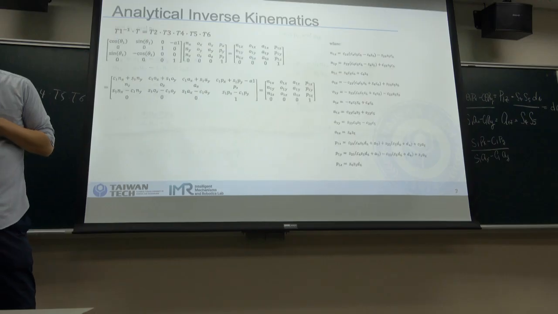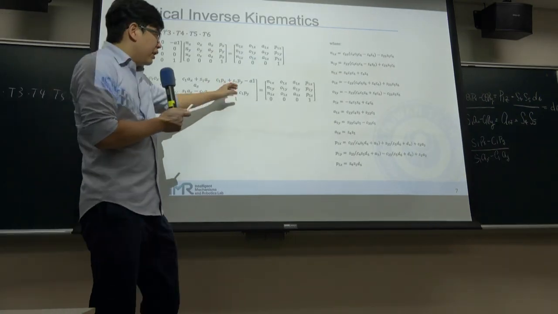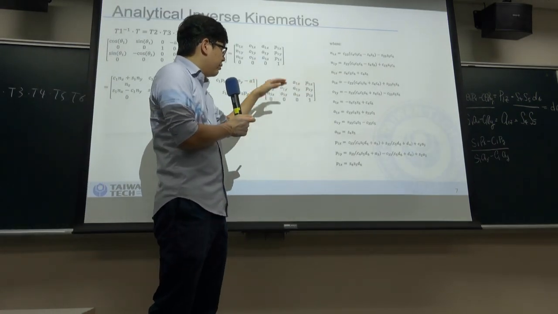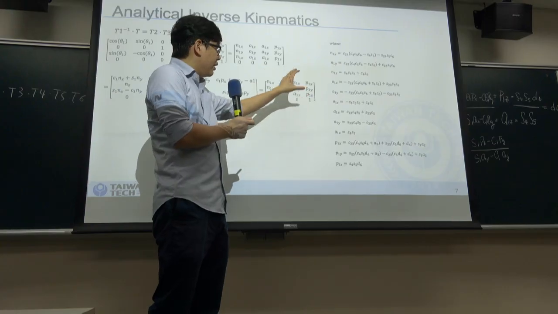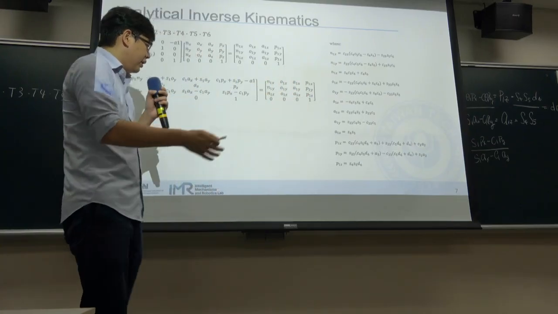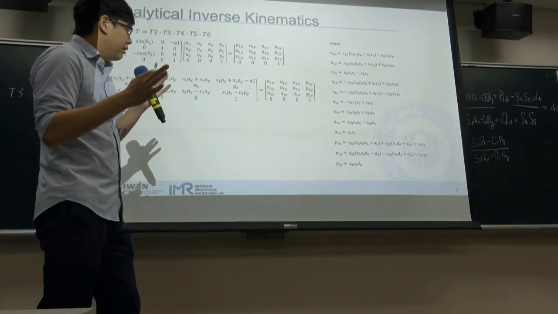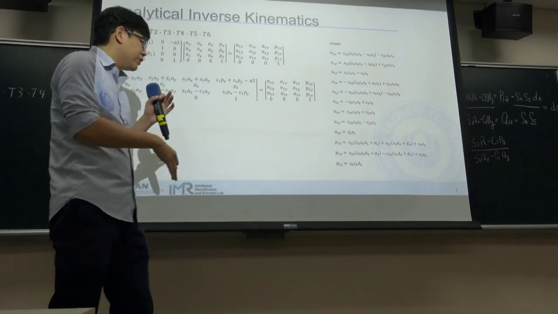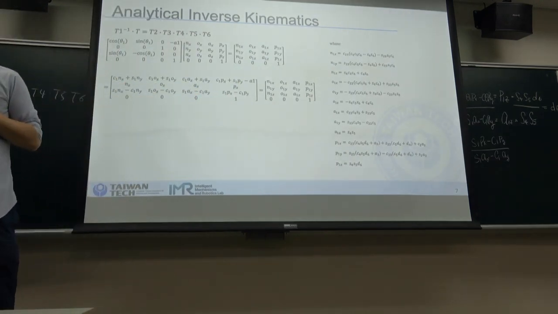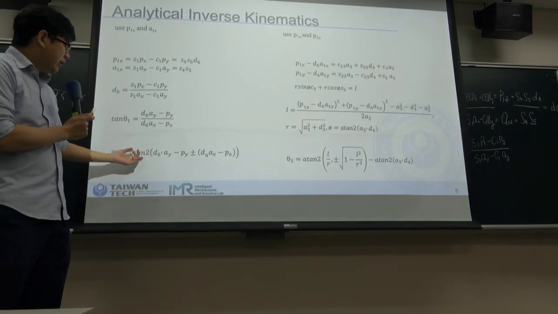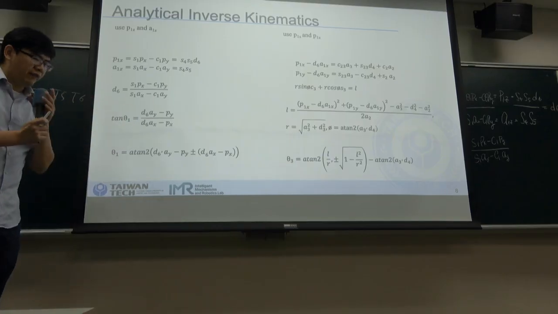So inverse kinematics is basically verifying and finding whether you can eliminate other variables and leave only one variable. Then you can use arctangent or arccosine to find the value.